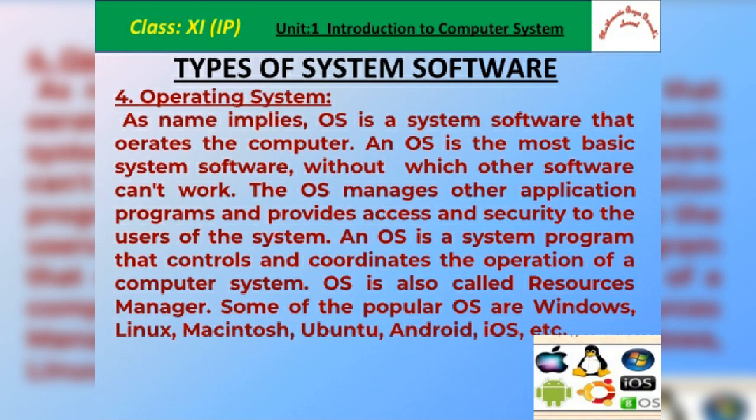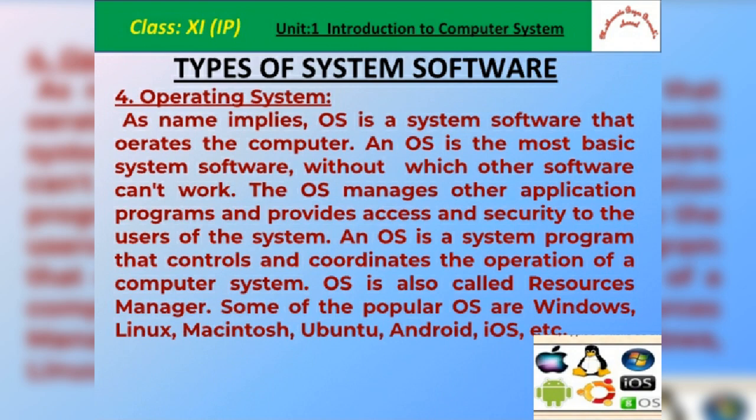An operating system is a system program that controls or coordinates the operation of a computer system. Some examples are Windows, Linux, Macintosh, etc. For details of the operating system, I already have one more video. You can go through it.